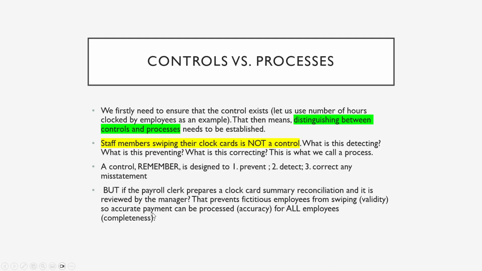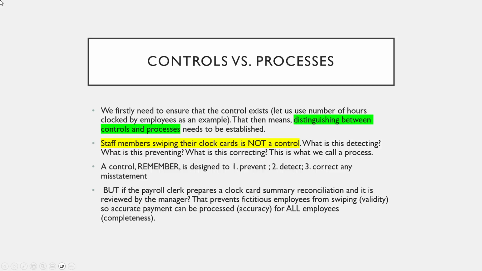Before I even get to an example, we need to speak about distinguishing between controls and processes. So I love payroll. It's a very interesting function, I think, and a lot could go wrong there. So I used payroll as an example again. So firstly, there are two parts to this.